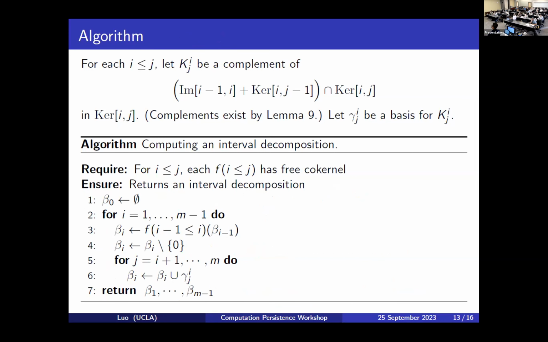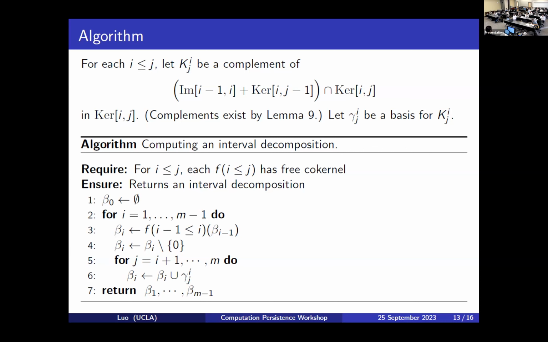Essentially, what we're doing in this algorithm is building up our bases one at a time. We're starting from the left and working our way to the right. First we inherit whatever basis we got in the previous iteration, and then we build up from that.